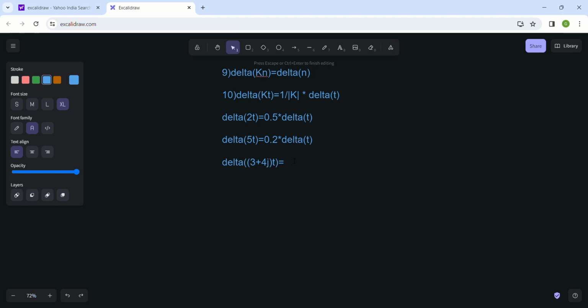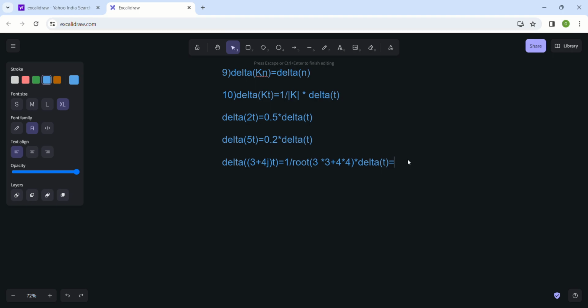So 1 by root over 3 into 3 plus 4 into 4, into delta of t.